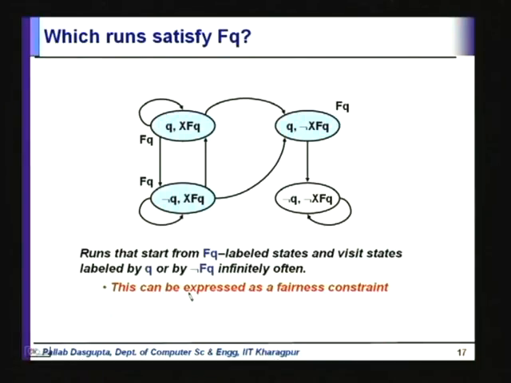Did you get why we are having this or not of this? See, this is FQ. So if you reach a state satisfying Q once, your FQ is satisfied. But let us see what is happening here. When you were here in the beginning, you did not have Q, but you had a promise that sometime in the future Q will hold.